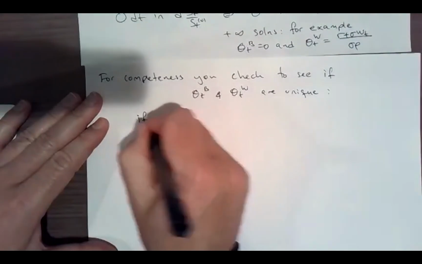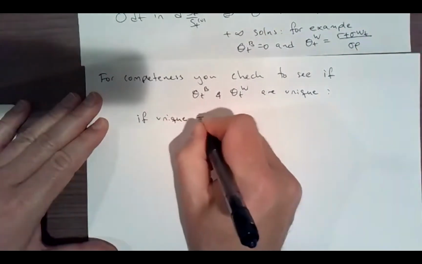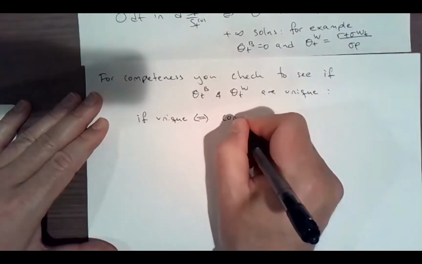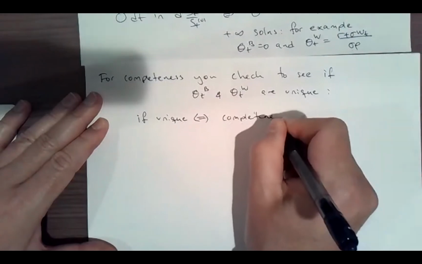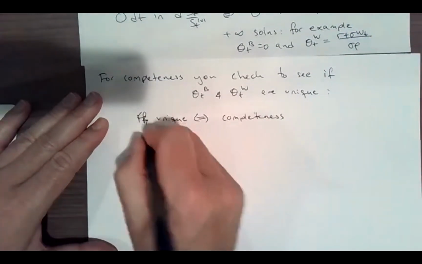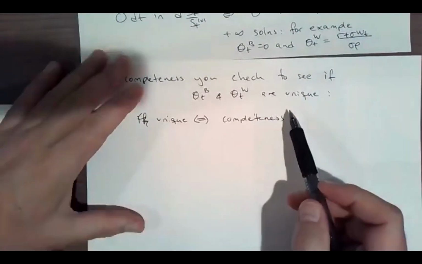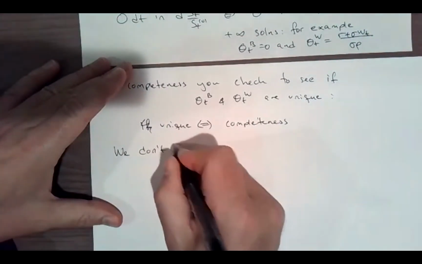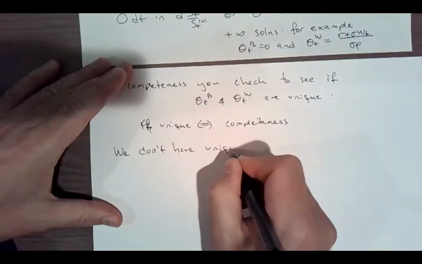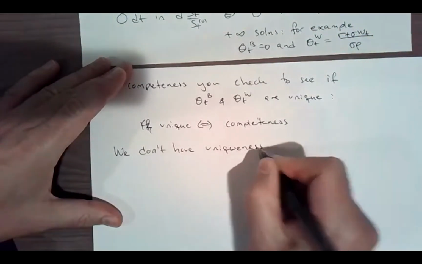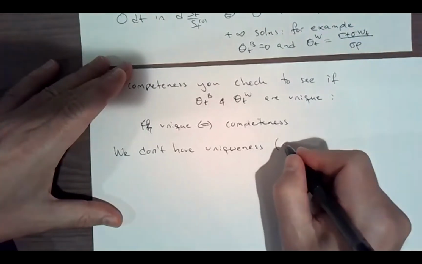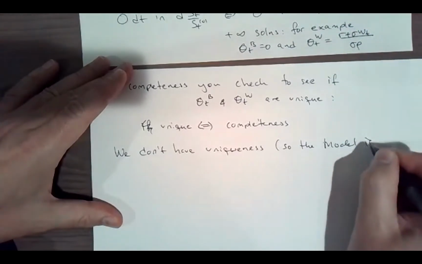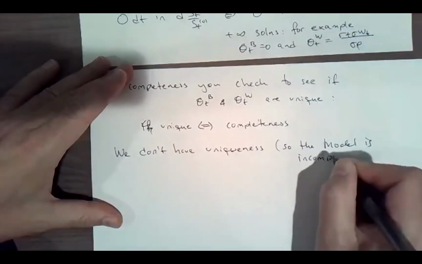If unique, then uniqueness is the same thing as calling it completeness. So in our case, they are not unique. We don't have uniqueness, so the model is not complete. The model is incomplete.